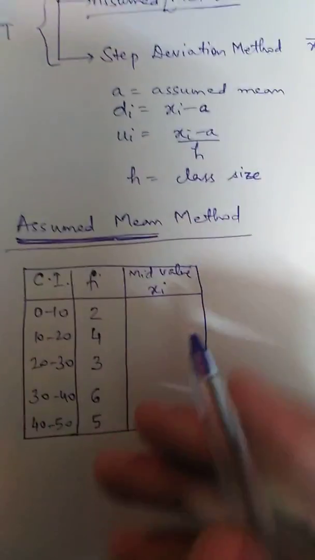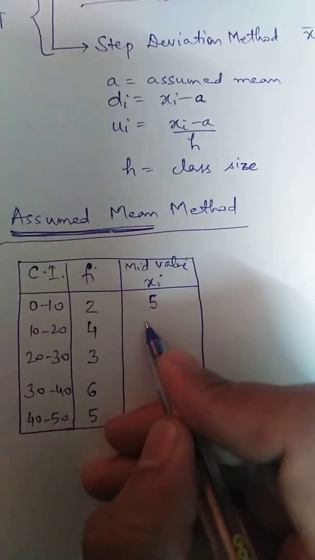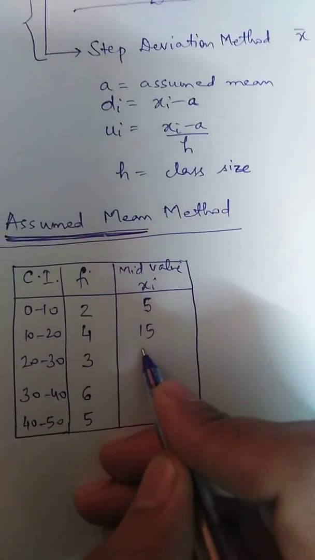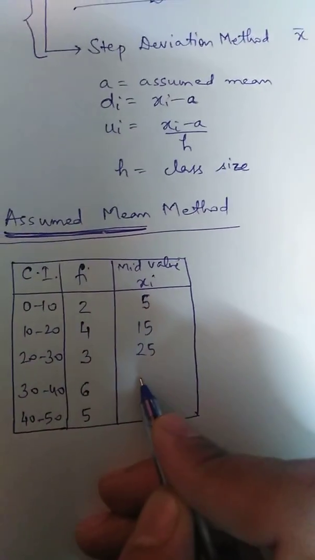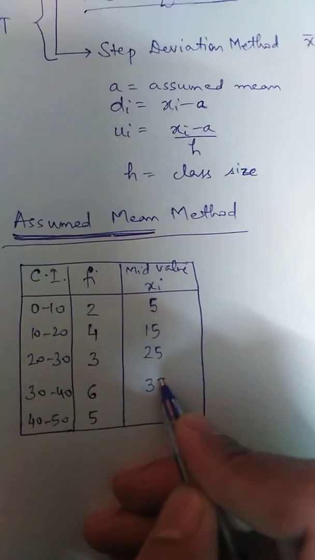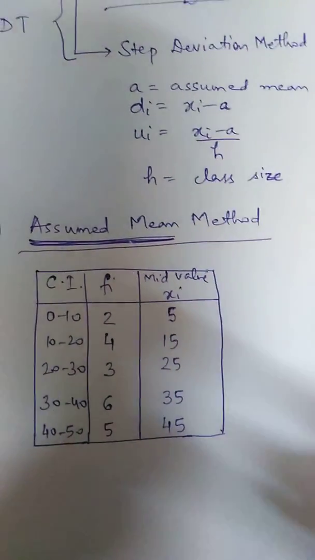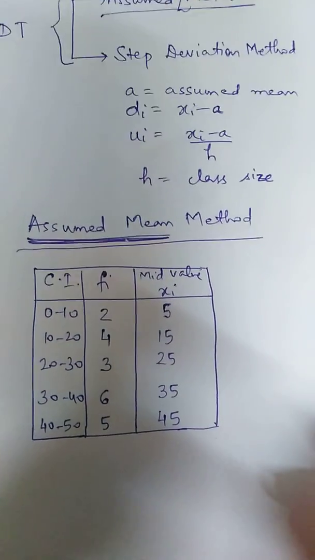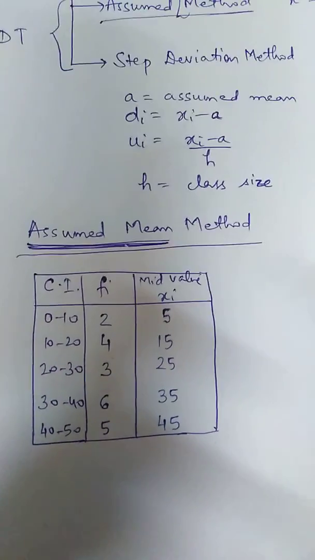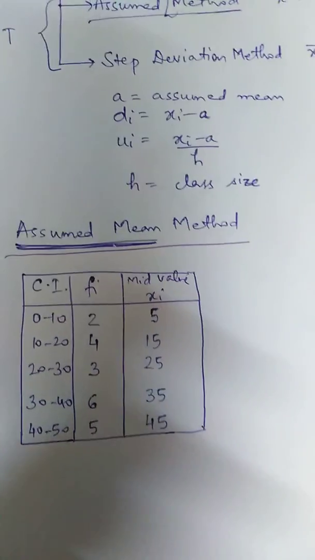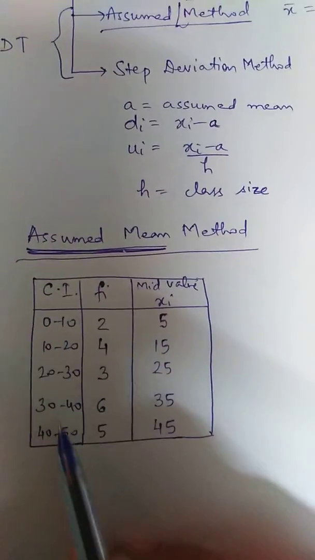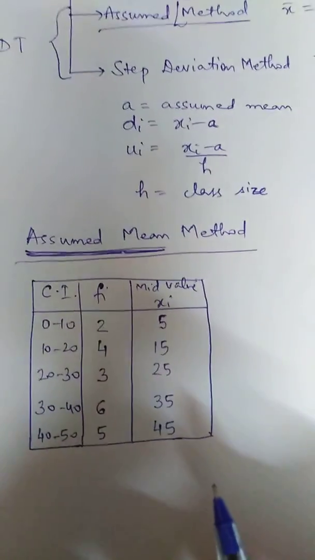The mid value of 0 and 10 is 5, 10 and 20 is 15, 20 and 30 is 25, 30 and 40 is 35, and 40 and 50 is 45. Here we find the mid values. Again, we know that these mid values are taken from the data that we had, not from the frequency.